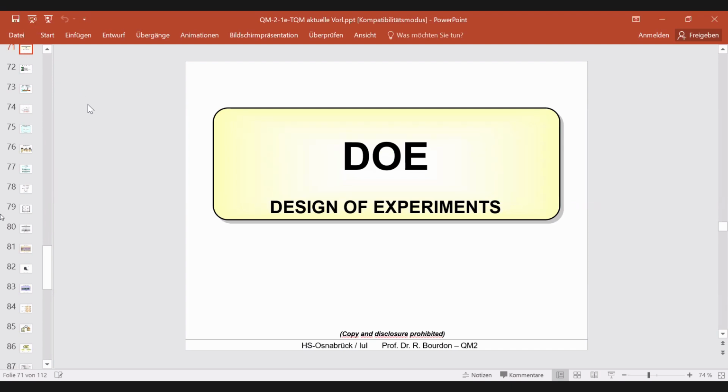Design of experiments is a toolbox, and there are a lot of different DOE methods which can be used. What I will show you on the next sheets is the most popular way to use DOE methods.